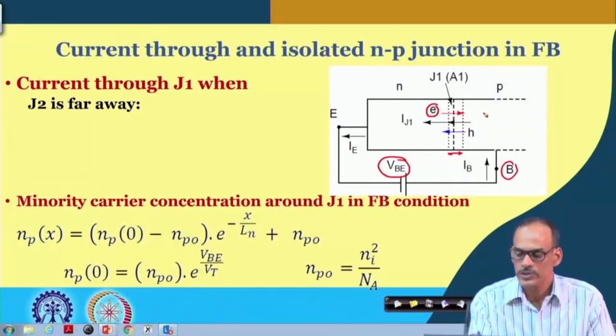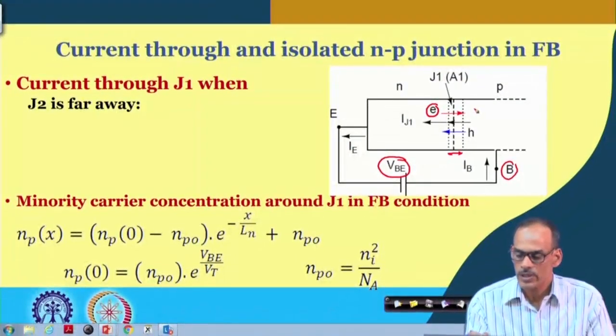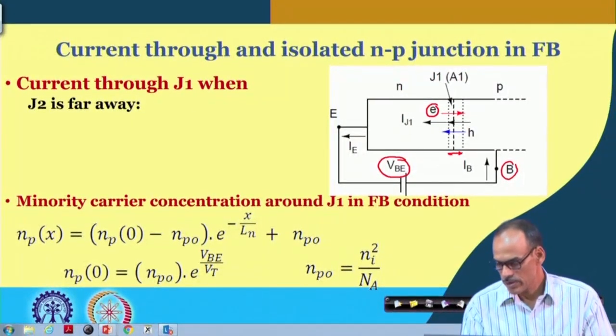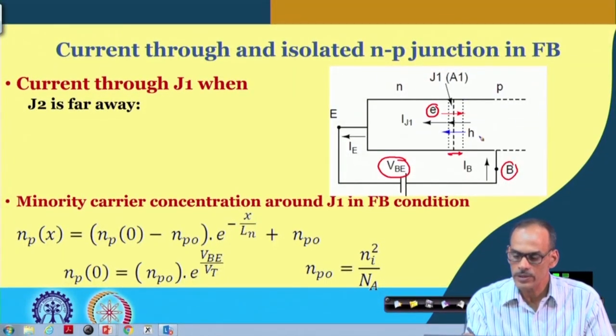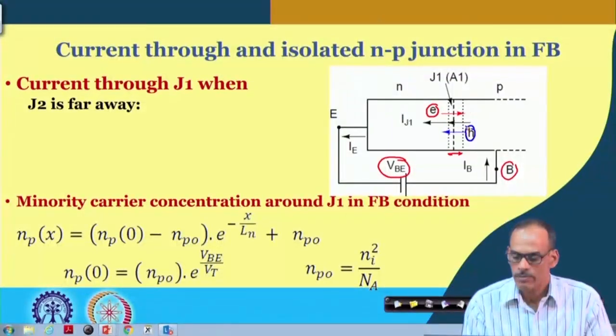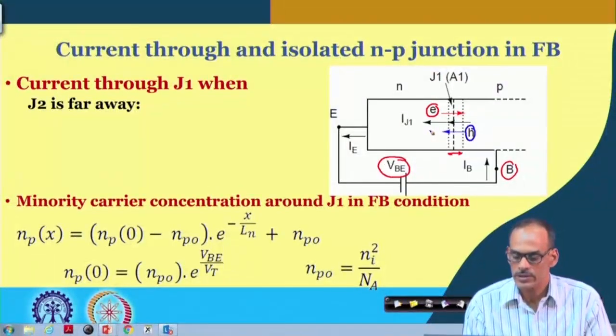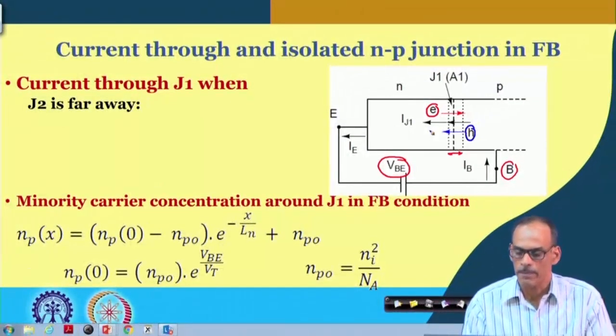While they enter the P region, they are considered minority carriers. Likewise, holes also move from the P region, where they are majority carriers, but once they enter the N region, they work as minority carriers.